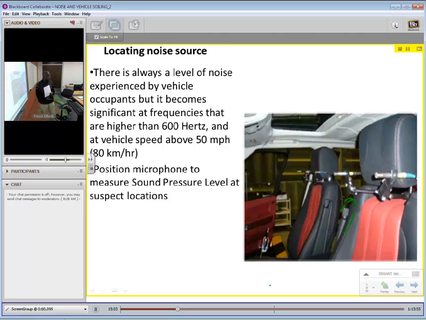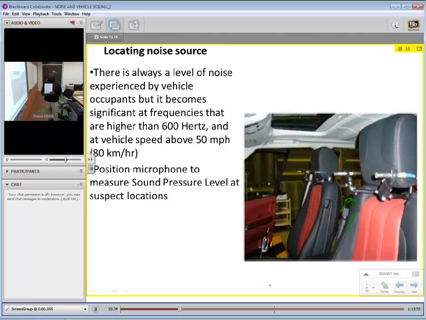If a person was there, they would be hearing from that position. To find out the level of noise that the occupant would experience, we put a microphone there. You can use other things, but typically a microphone is used, and it's positioned at the level the occupants will be hearing.